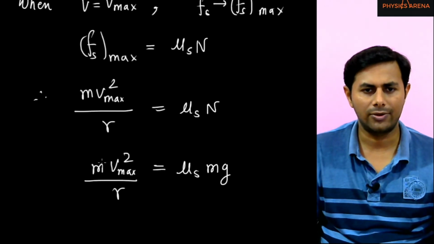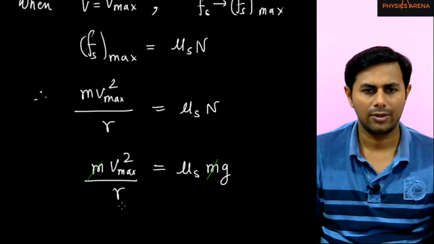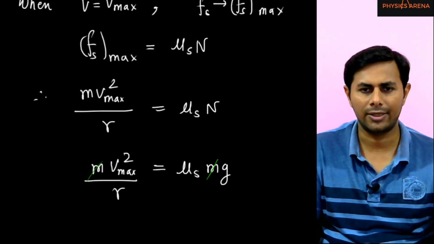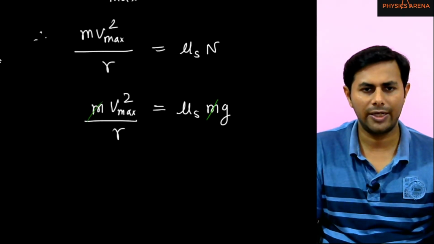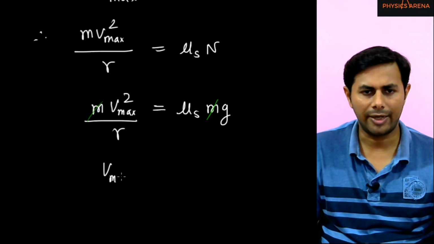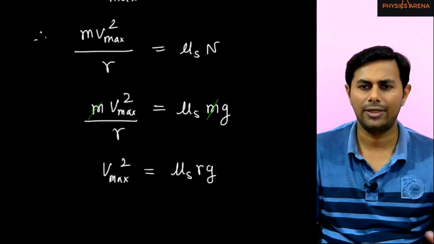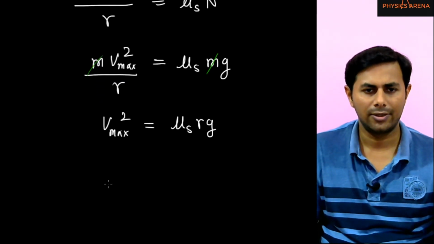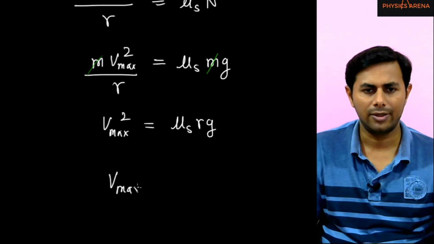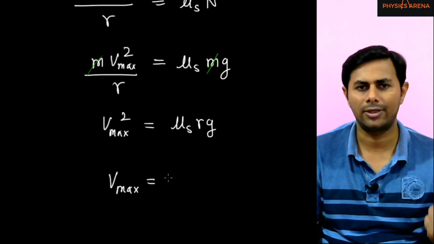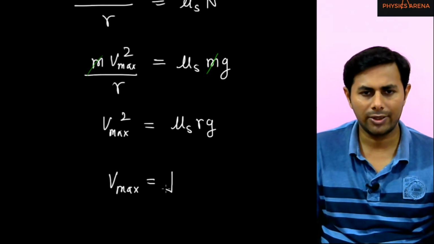Now we can cancel out m and take this r on the other side. So we get Vmax square equals to mu s into r into g, and then taking square root on both sides, we get the maximum safety speed limit on a curved road equals to square root of mu s into r into g.